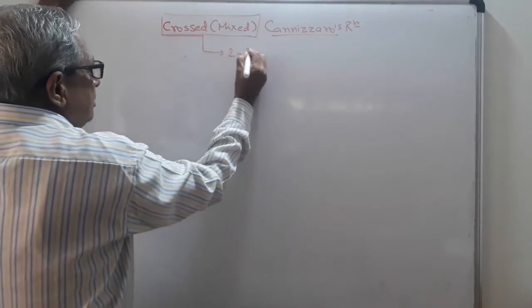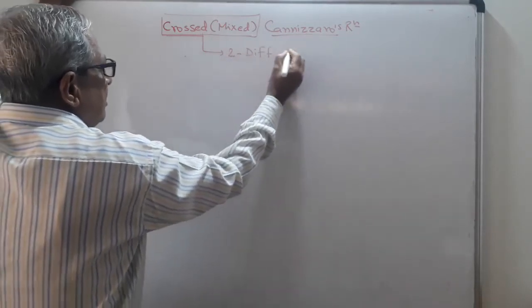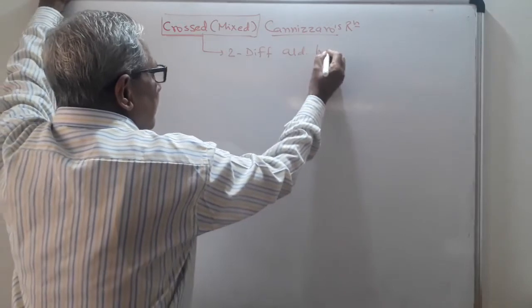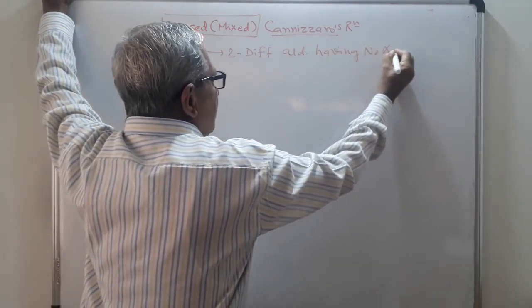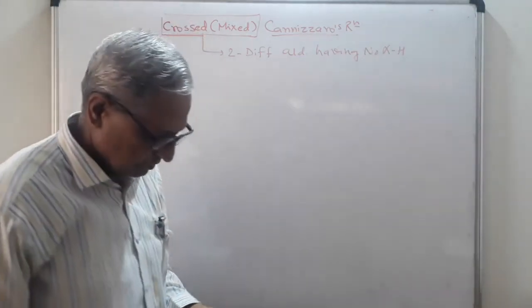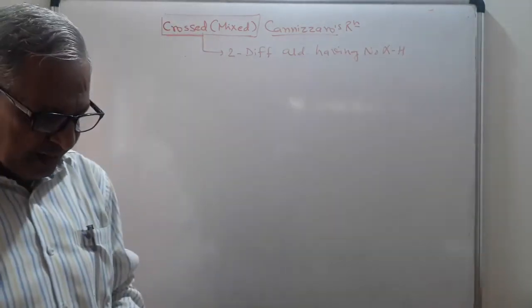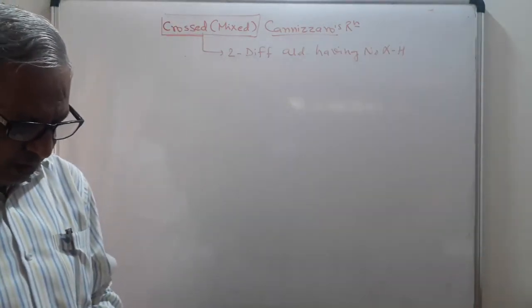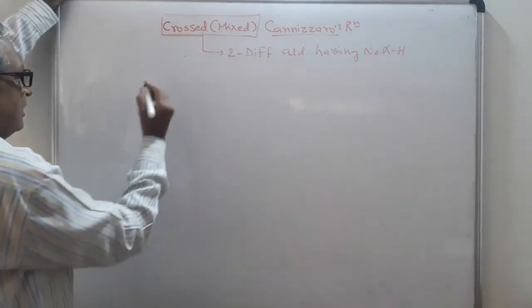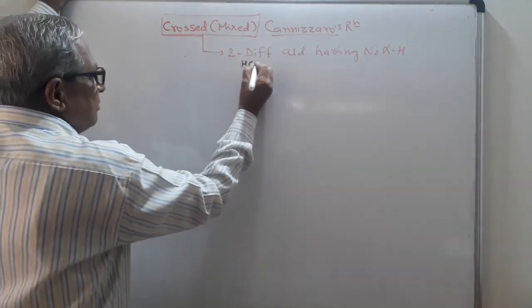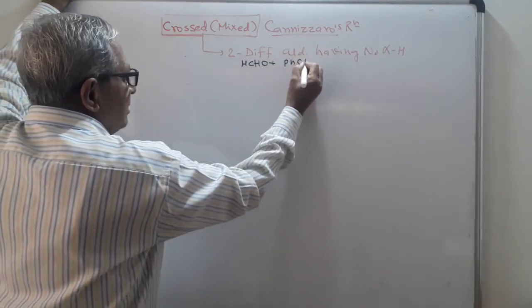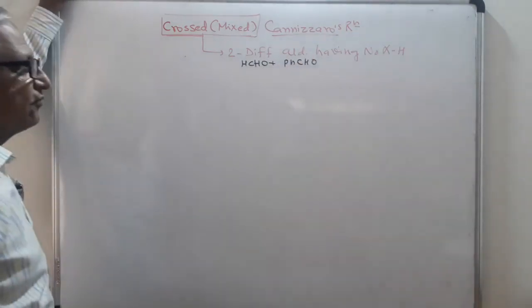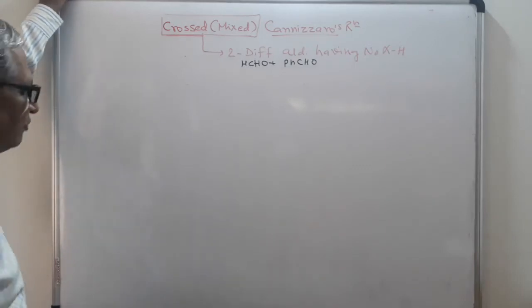Two different aldehydes having no alpha hydrogen. Two different aldehydes having no alpha hydrogen. See the example here. One is formaldehyde and second is benzaldehyde. These are the two different aldehydes having no alpha hydrogen.